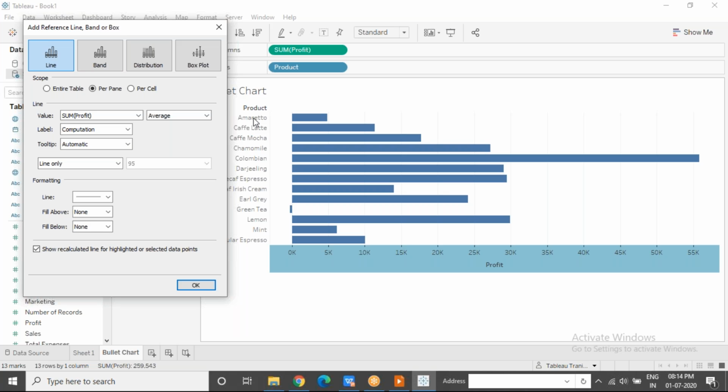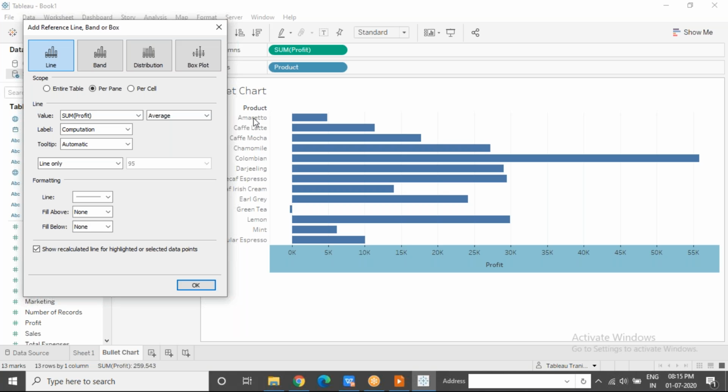For every product, I have to show its target and indicate whether or not it has met the target. So what should be the scope of the reference line here? Should we go with a table scope line, pane scope line, or cell scope line?